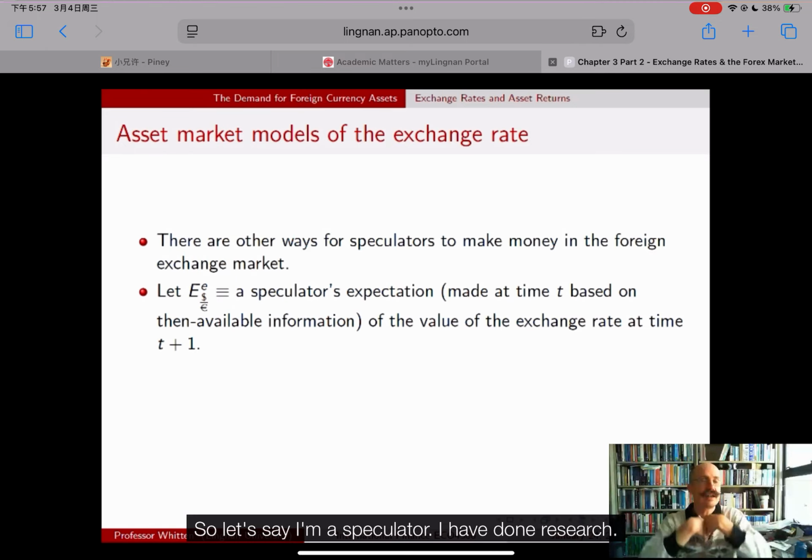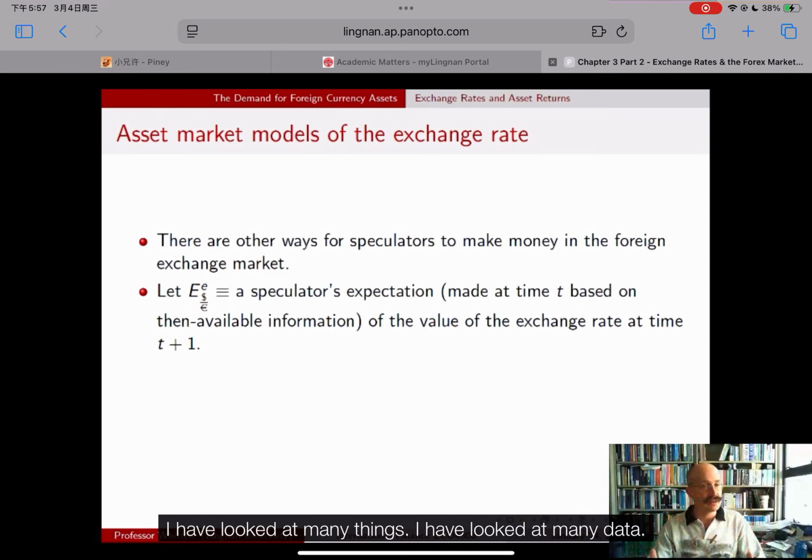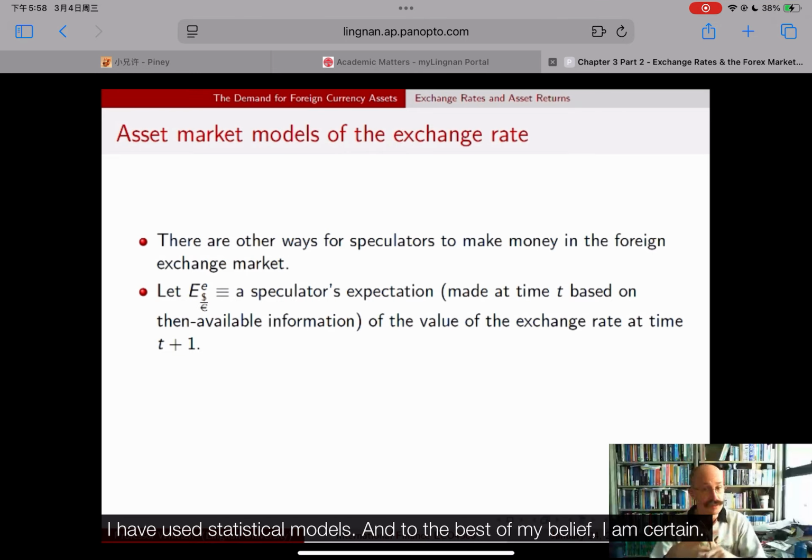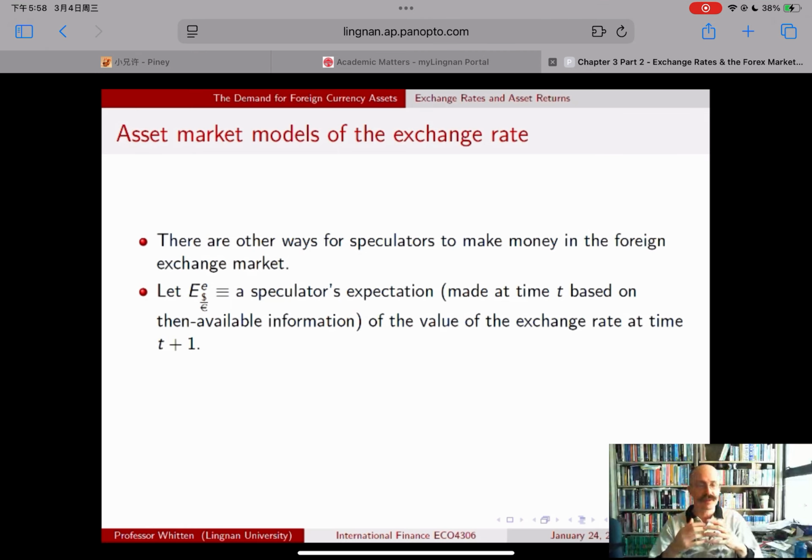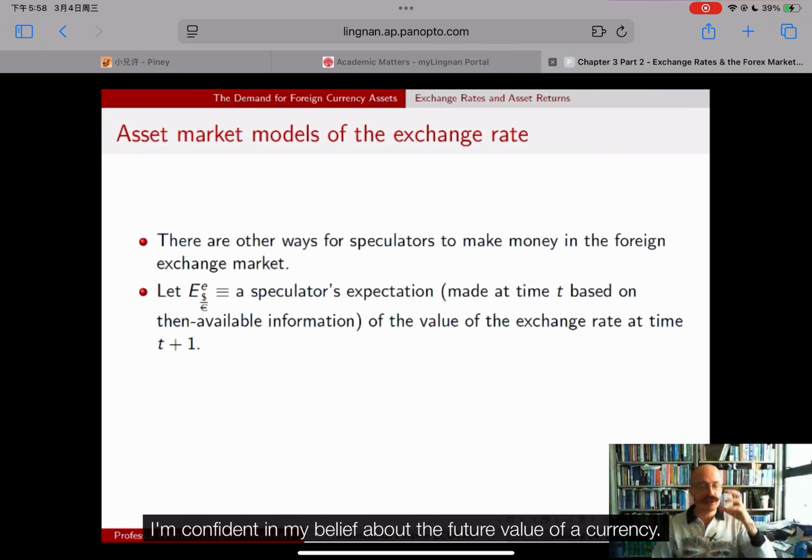So let's say I'm a speculator. I have done research, I have looked at many data, I have used statistical models, and to the best of my belief, I'm confident in my belief about the future value of a currency.